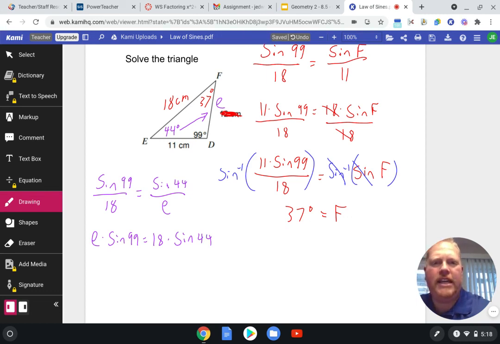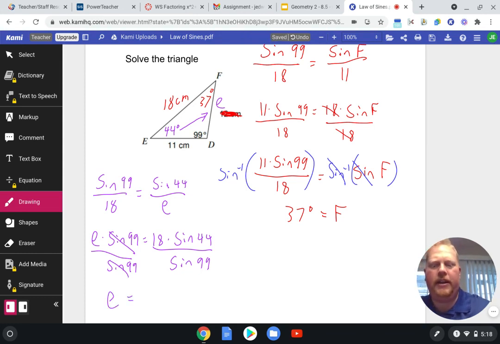And let's start getting that E all by itself by dividing by the sine of 99. So those cancel out, and I get E all by itself.